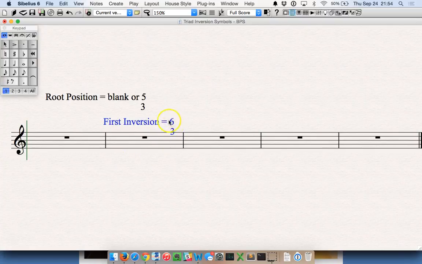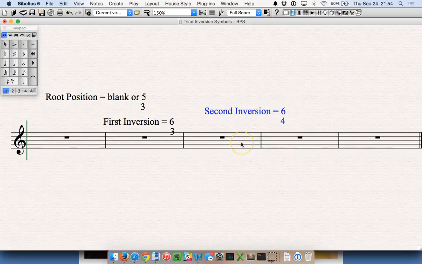But when you see just a 6, you can assume that that particular chord is a first inversion chord. And finally, second inversion is always going to have a 6 and a 4. So 6-4. Again, root position is blank or 5-3. First inversion, typically just 6, but you'll also see 6-3. And second inversion is always 6-4.